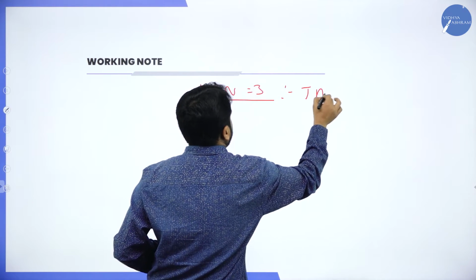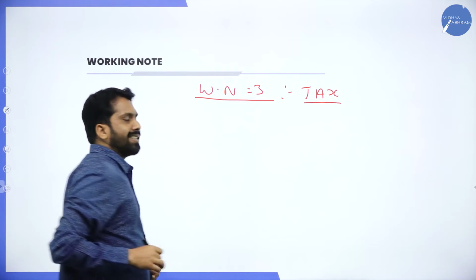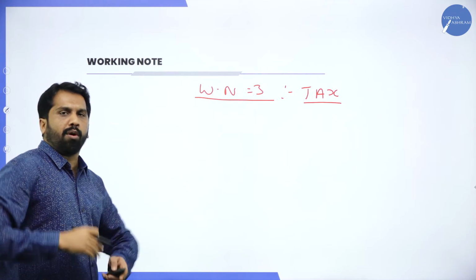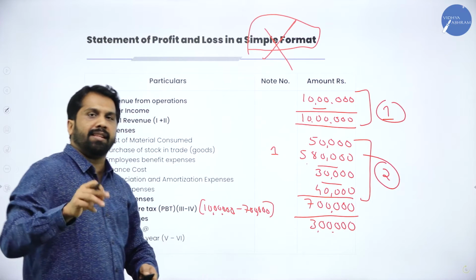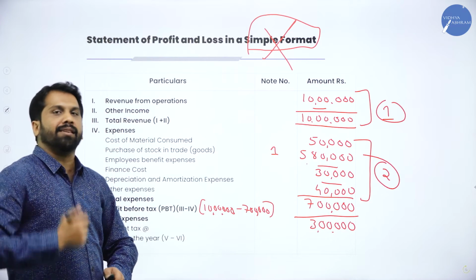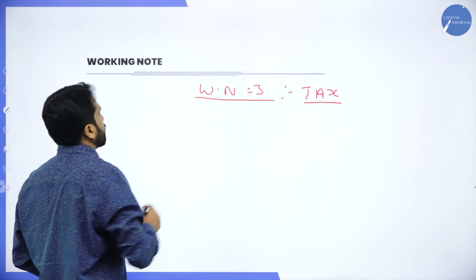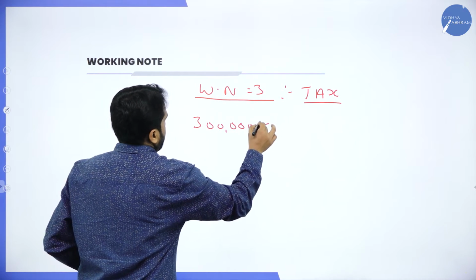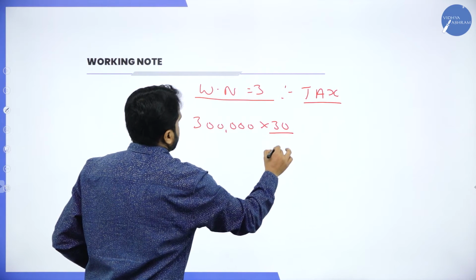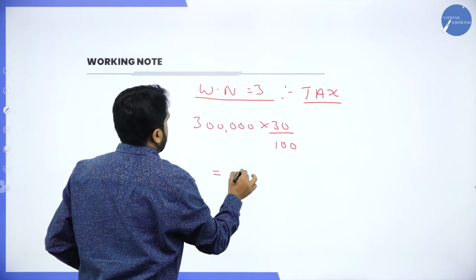What calculation are you doing? You are calculating taxation. So what is your profit? Your profit is 3 lakh. On 3 lakh, how much should you calculate? 30%. 3 lakh multiplied by 30%. How much did you get?